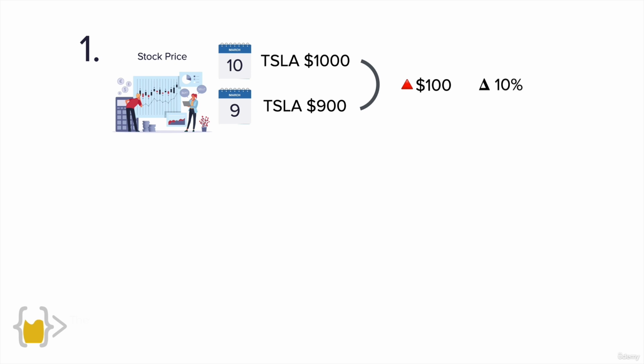Now, we can also calculate what percentage this rise represents. If we look at this difference of $100 and calculate it as a percentage of the closing price on March 9th, we can see that the price on March 9th was 10% lower than on March 10th.